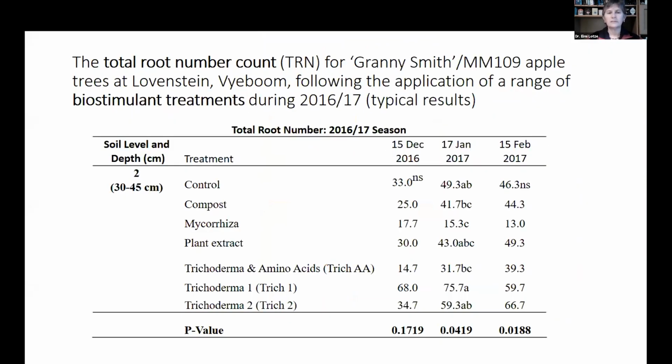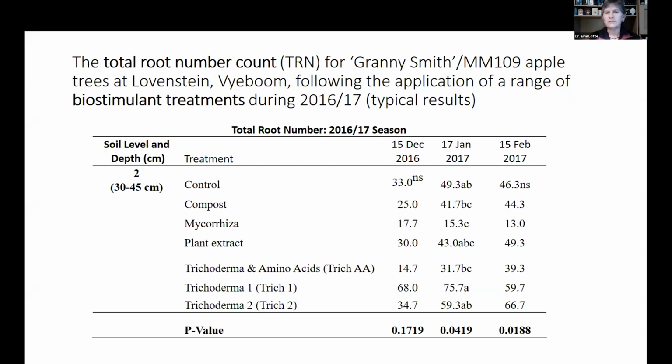So this is only one set of results. What I wanted to illustrate here is that in this case, we looked at the total number of roots, and we looked at the different levels. So in this case, soil level 2, that is close to the bottom, 30 to 45 centimeters. And in this case, we could use the equipment to distinguish significantly between results of the treatment.